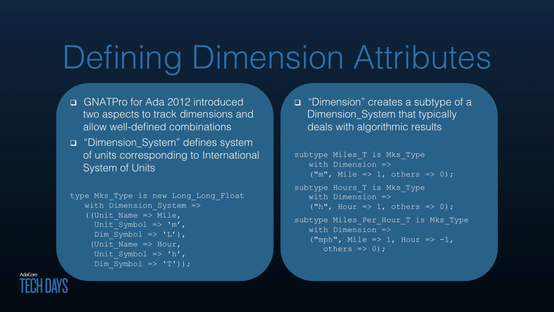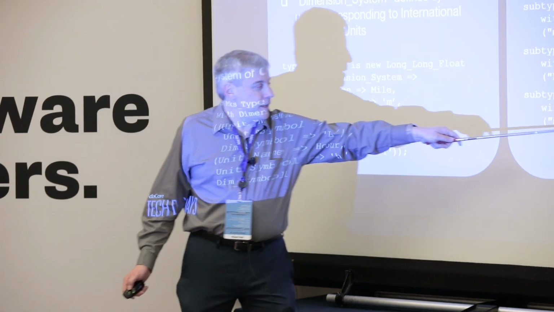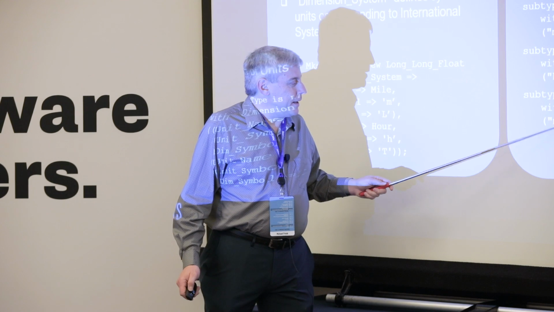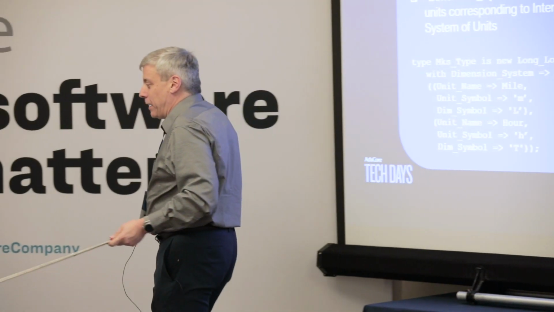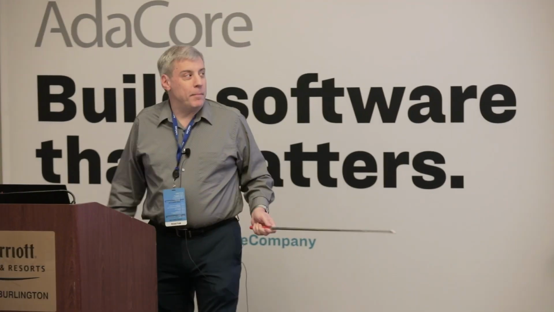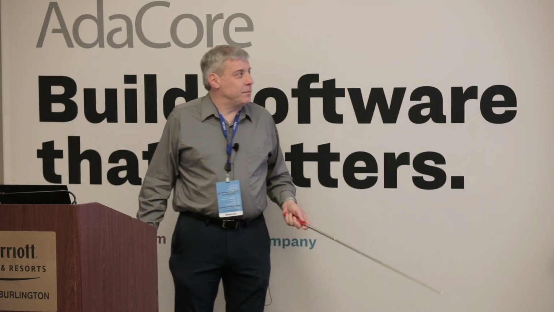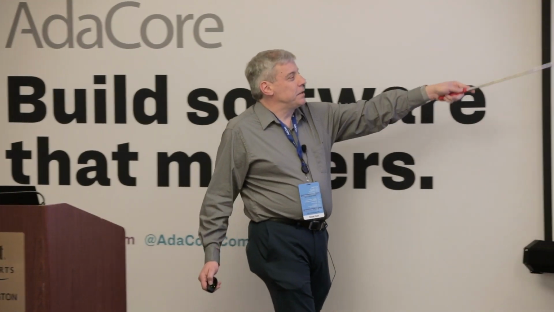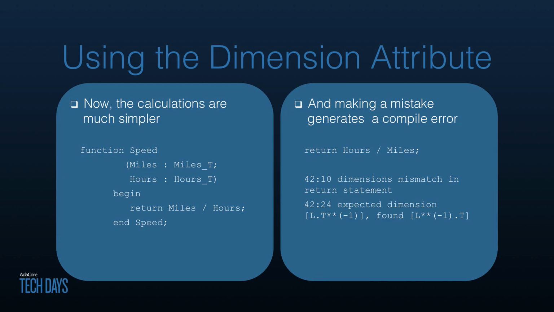So we can have miles, which is of this system type, and we say, okay, it's mile on the top of the divisor, nothing else on the bottom. Hours is the same thing, but miles per hour puts a mile on the top, hour on the bottom, and that will label as miles per hour. So now when I create my speed function, it returns miles divided by hours.